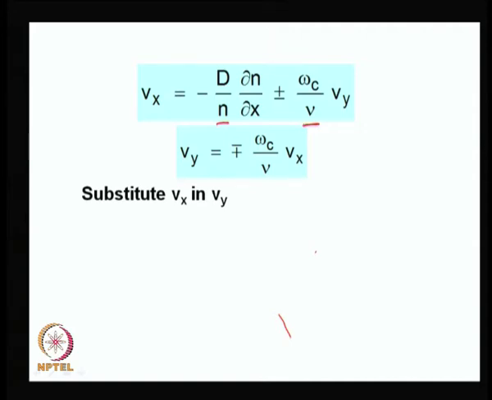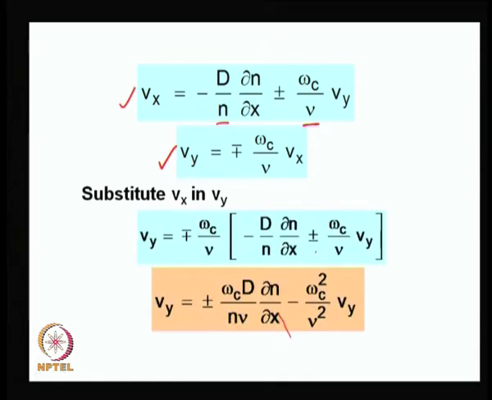Now, we substitute Vx from this equation in Vy. What do we get? It is a matter of algebra. We have said Vy is equal to minus plus omega c upon nu Vx.